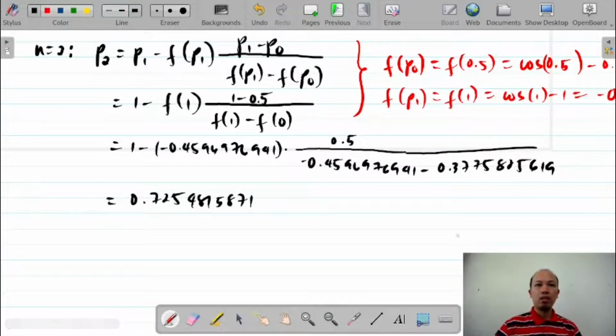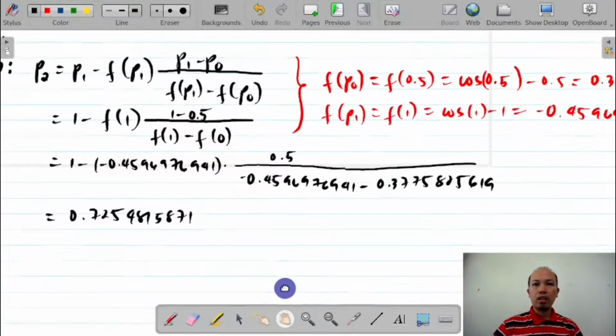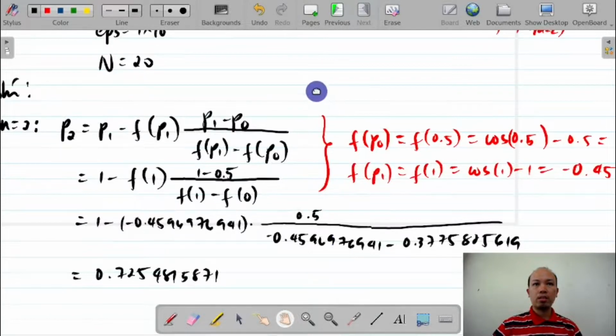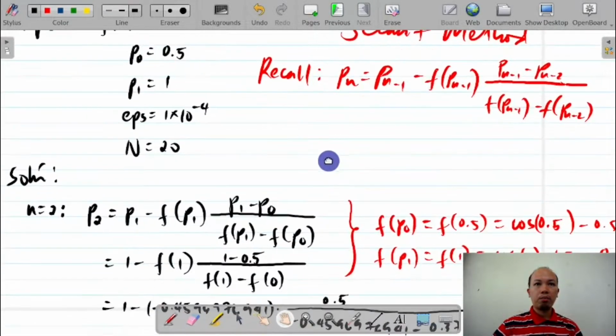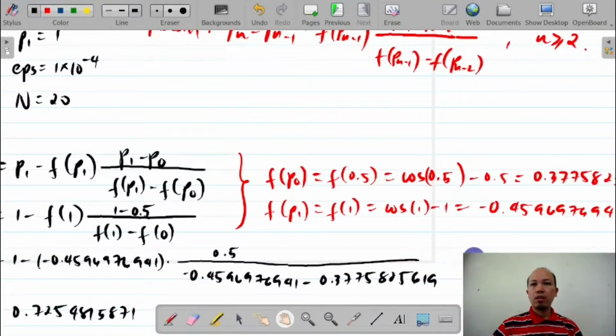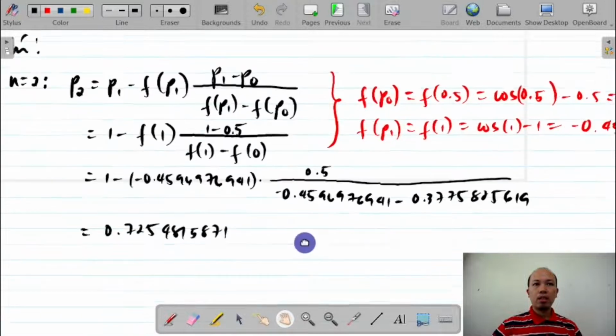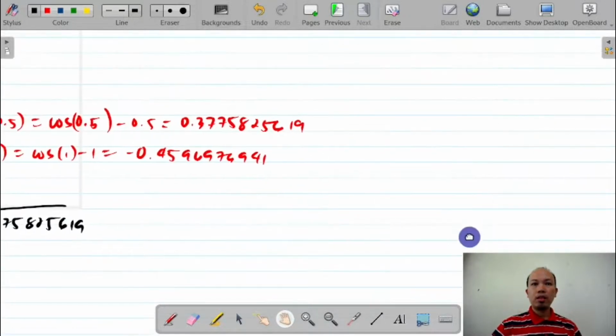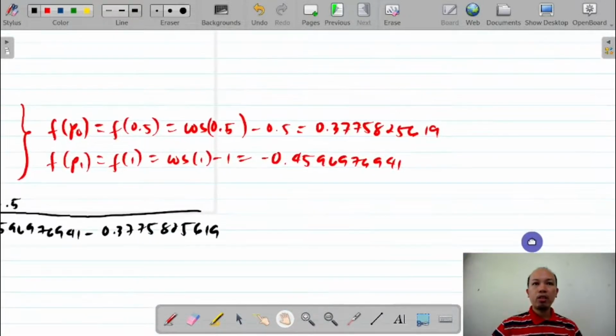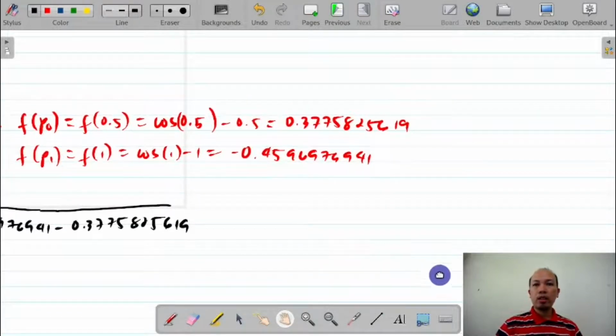Okay, so that's our next iterate. We have p of 0. Okay, so that's our p2.